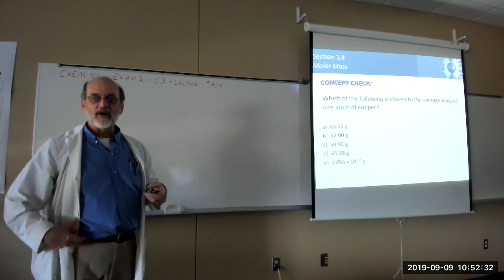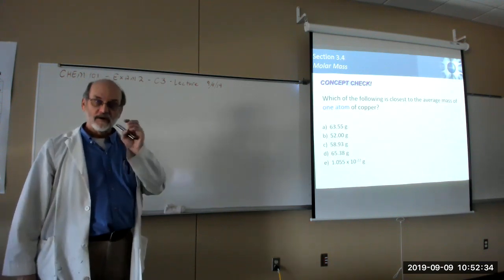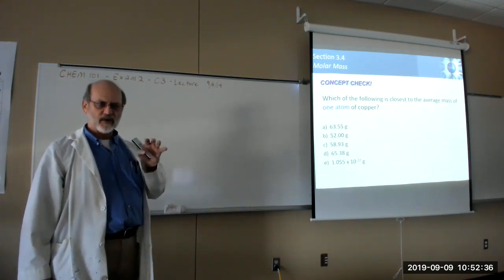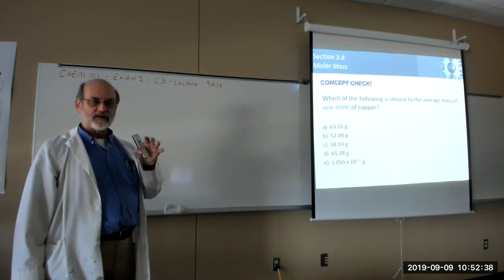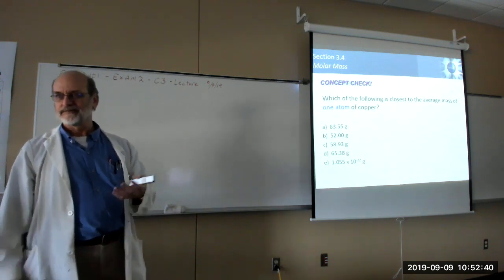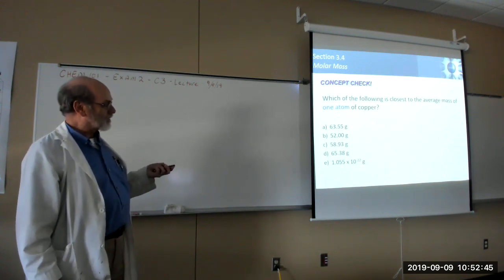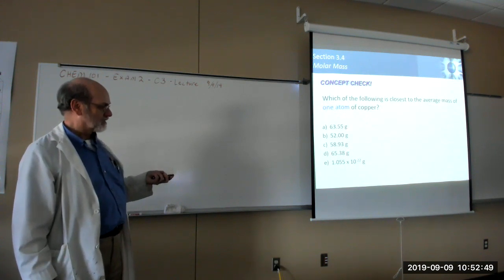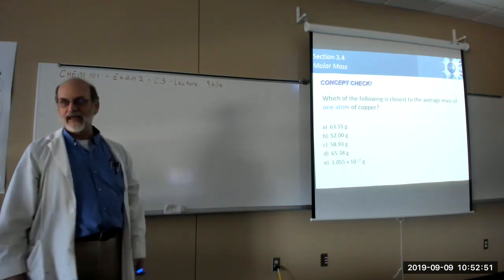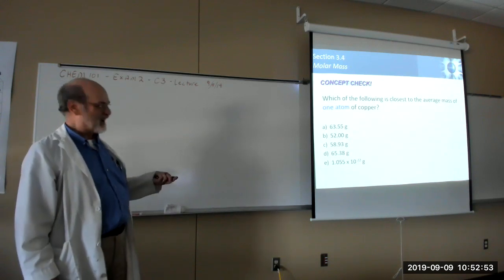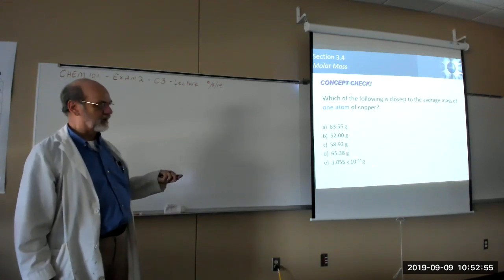Based on what we've determined so far, you need a whole mole, 10 to the 23rd atoms, to be measurable, or something in that range, right? So 1 atom of copper is not going to weigh whole grams. Can't be.